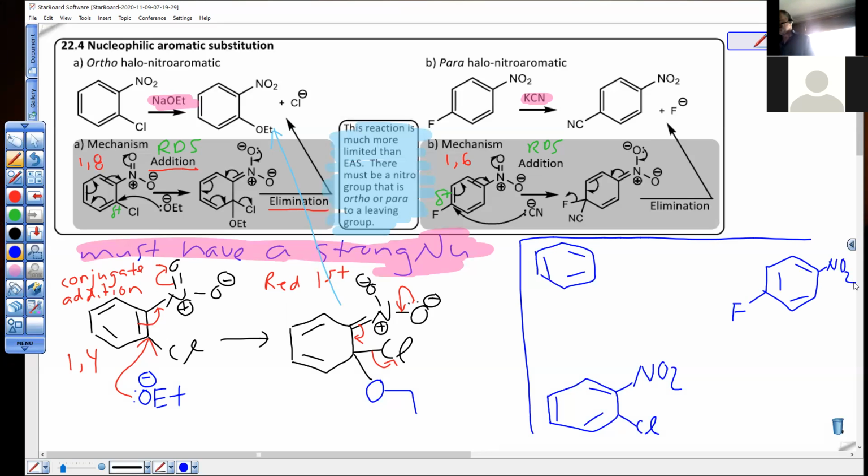Well, of the 2 groups on here, we're talking about traditional electrophilic aromatic substitution to get to this point so we can do our new reaction, where there's a leaving group ortho to a nitro. That's a candidate for nucleophilic aromatic substitution, or a leaving group para to a nitro, also a candidate.